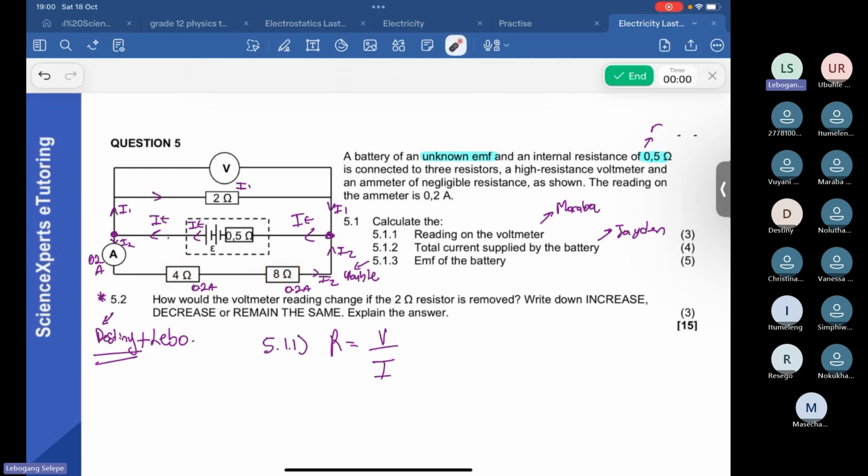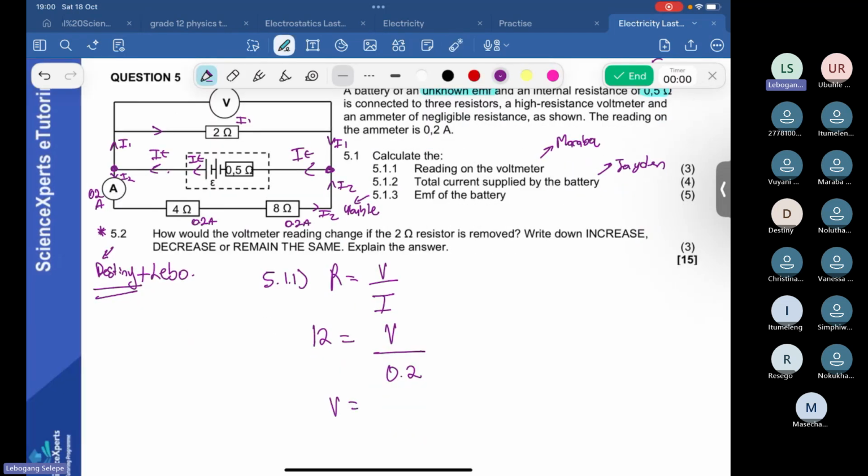It's going to be 12 ohms. So 12 ohms equals the voltage reading over the current that's going to be passing through this branch, which is 0.2, right? Then V would be 12 times 0.2. How much do you get?